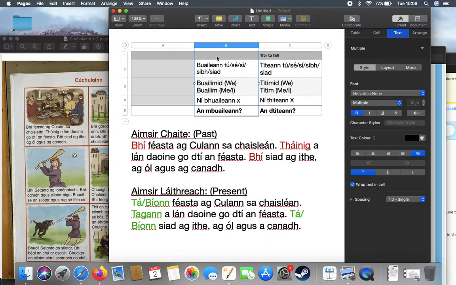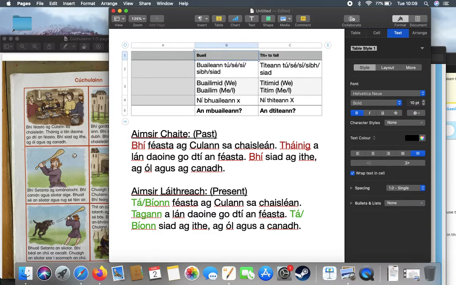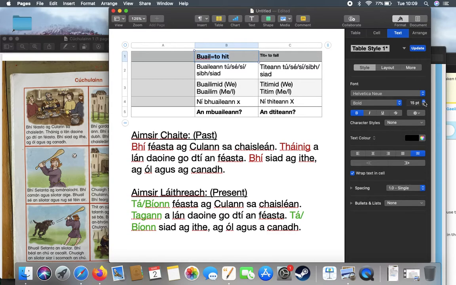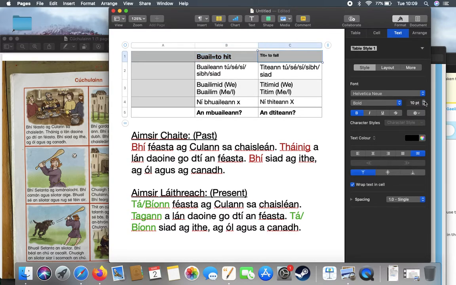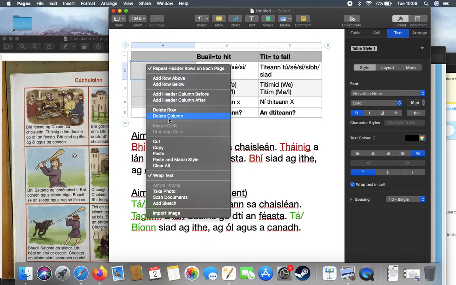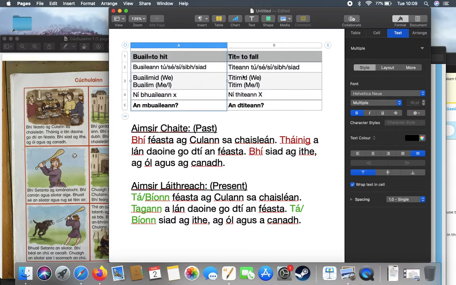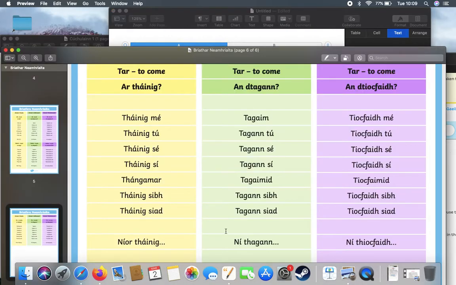Yeah, so you need bhuail, and you'll need tit to fall, and I can get rid of this one as well. Right, they're the only two you need, apart from this irregular.